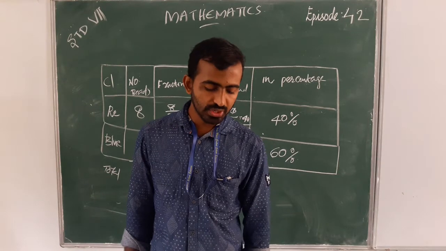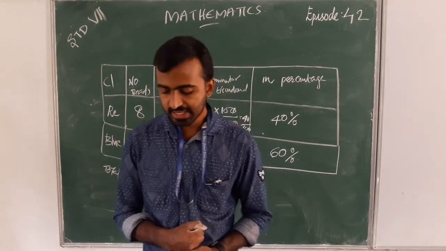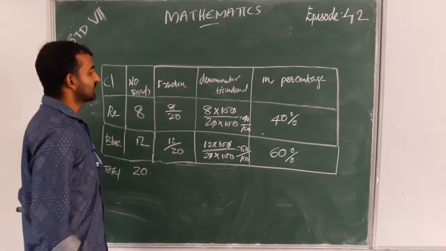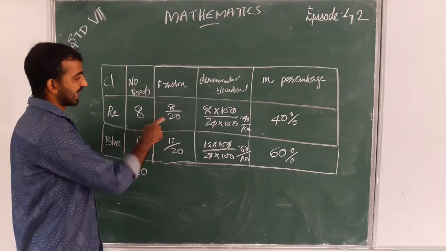Otherwise, we can do it another way, taking percentages. We know the fraction is 8 by 20.